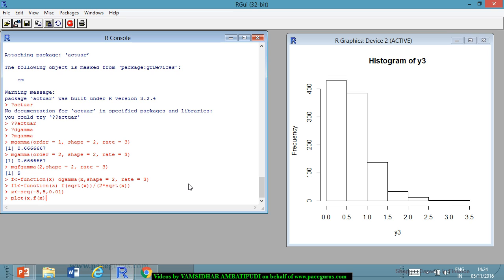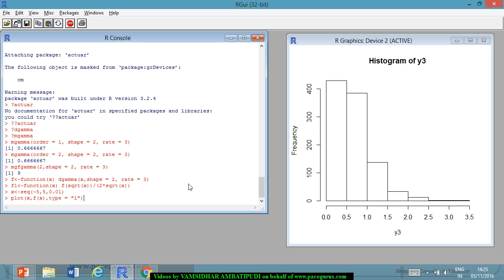Right, I'll plot these two things, setting the type equal to L, wherein I'll set my y limit also based on the range. Here I have not computed the range, so let's leave it as it is.